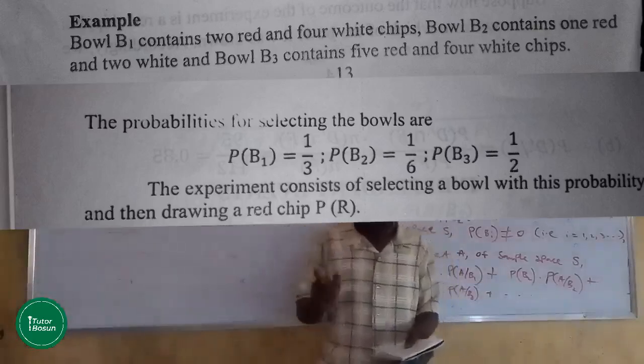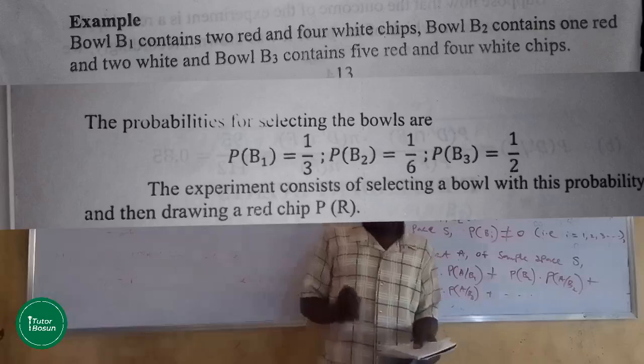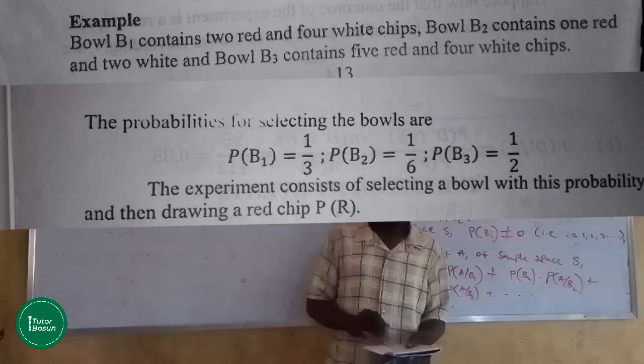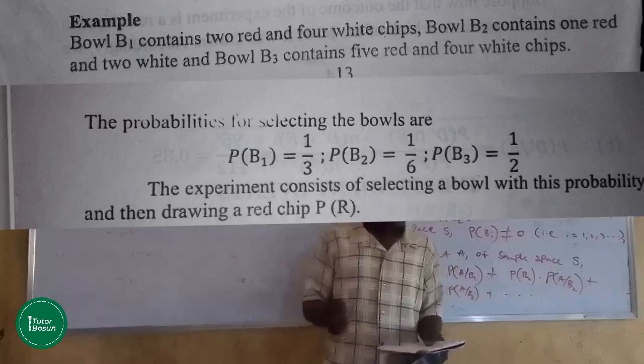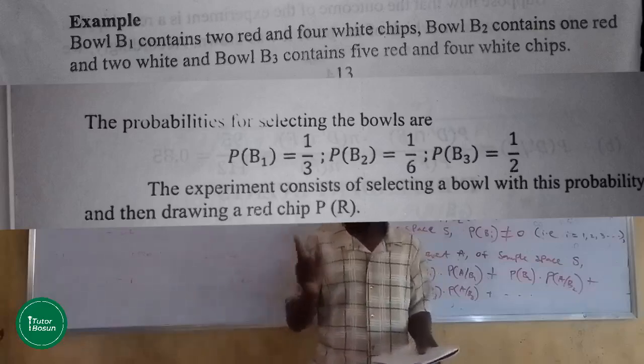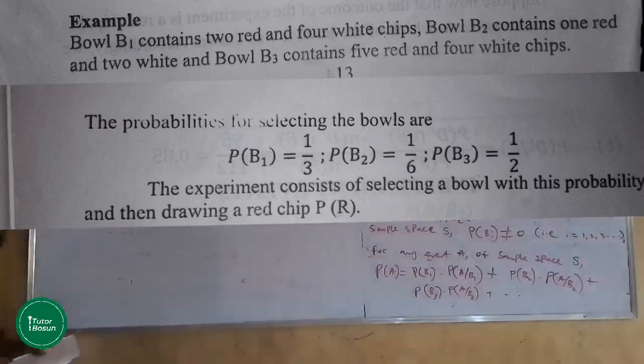Bowl B2 contains 1 red and 2 white chips, and bowl B3 contains 5 red and 4 white chips. Then we are given the probability of selecting the bowls: the probability of selecting bowl B1 is 1 over 3, the probability of selecting bowl B2 is 1 over 6, and the probability of selecting bowl B3 is 1 over 2.